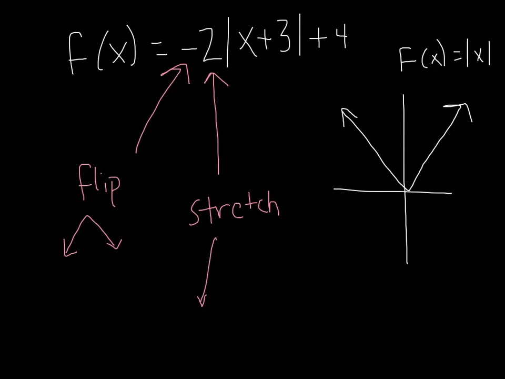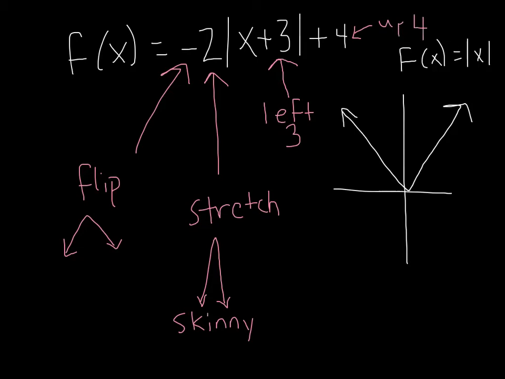So I'll sort of exaggerate it right here. And I don't know, somehow skinny makes more sense than stretch, but that's not a real formal word. And then the +3 right here has the action of moving the graph left 3, and this transformation is an up 4.